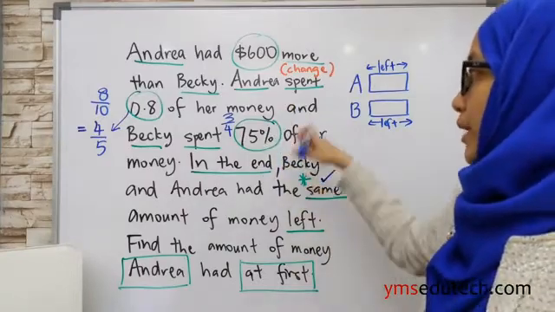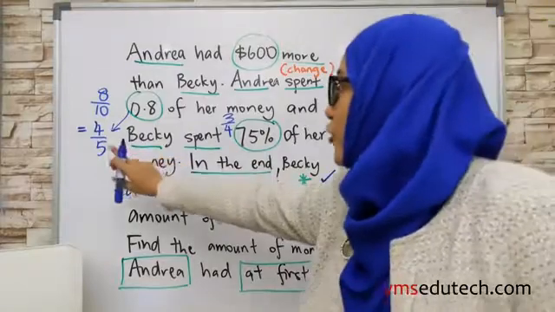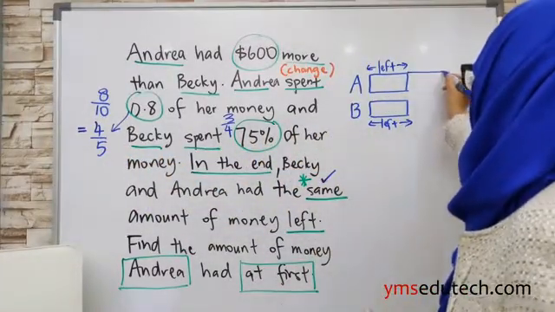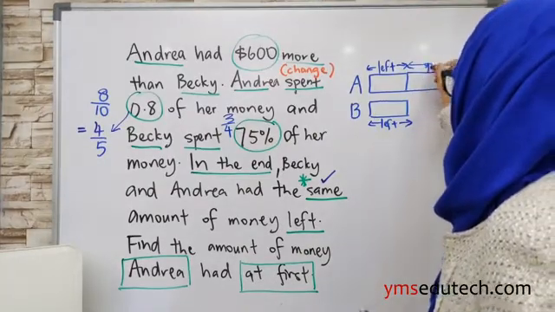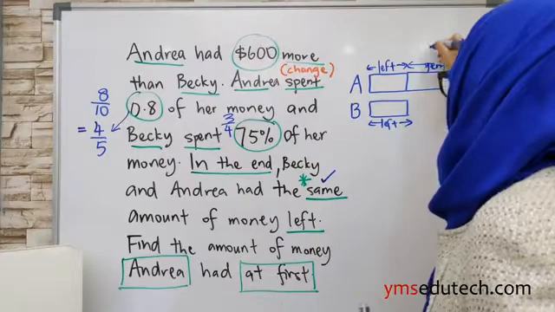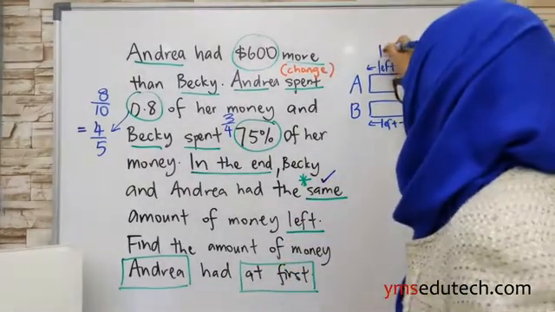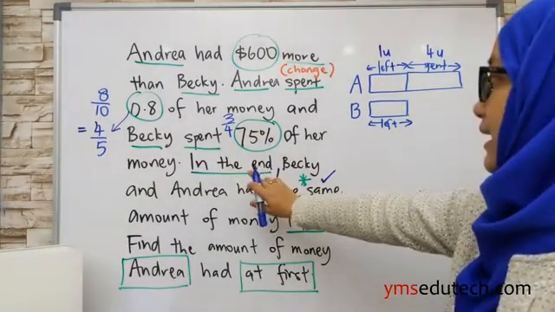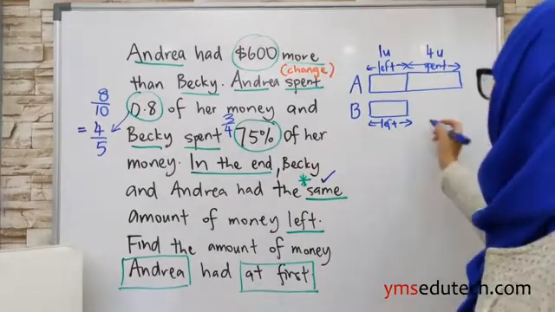So now we work backwards. The statement before this: Andrea spent 4/5 of her money. So Andrea spends this much, 4 units, which means she had 1 unit left. And Becky spent 3/4 of her money.